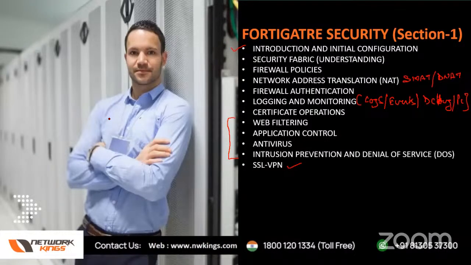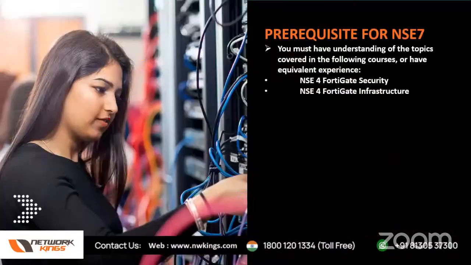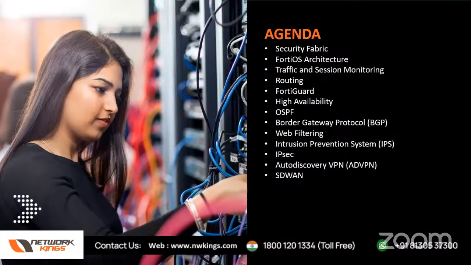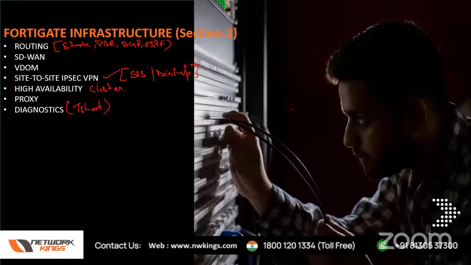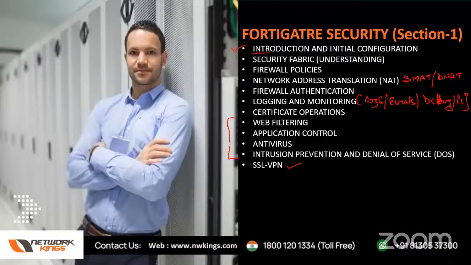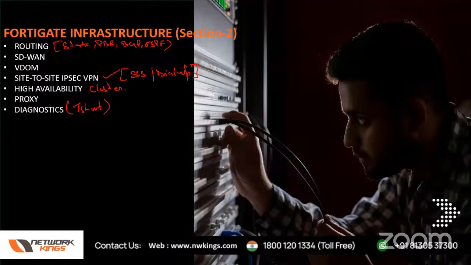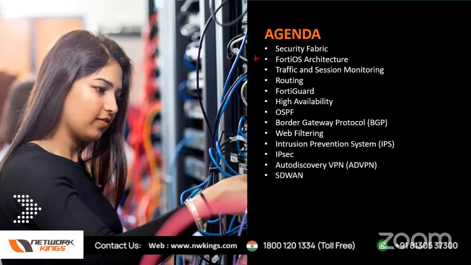Now, if I compare that with the NSE 7, you will find that almost all the topics are the same, except that architecture is added. Introduction will cover that. The logging part is done. FortiGuard is a new topic here.